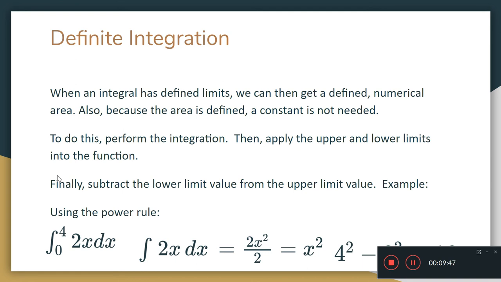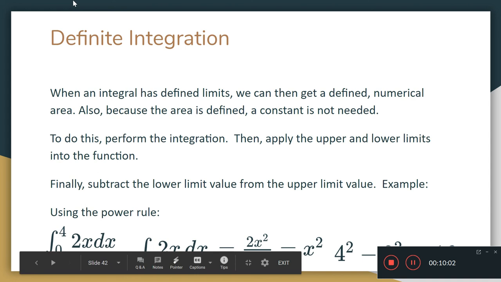Then you apply the upper and lower limits into the function that you get. And then finally you subtract the lower limit value from the upper limit value. Using the example we had a minute ago, let's integrate the function 2x with respect to x between 0 and 4. That's the line that we saw in the last slide.